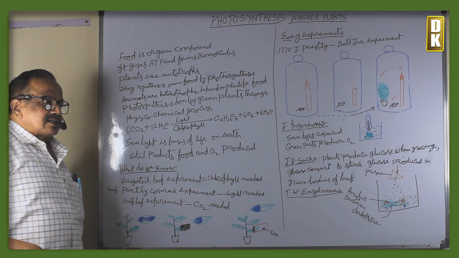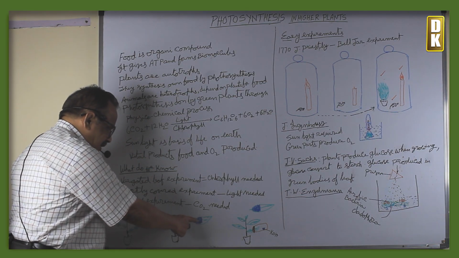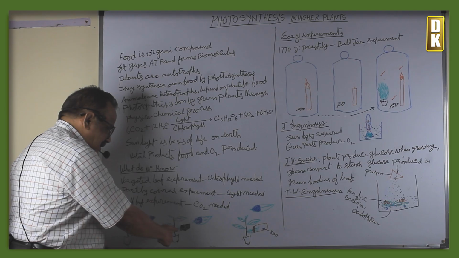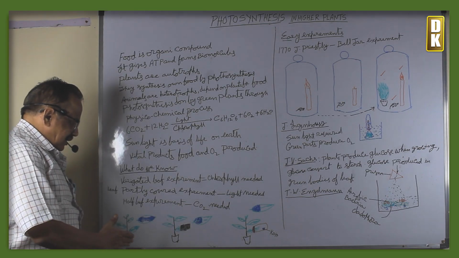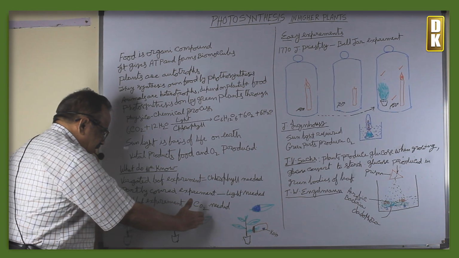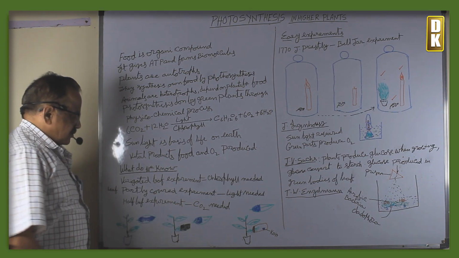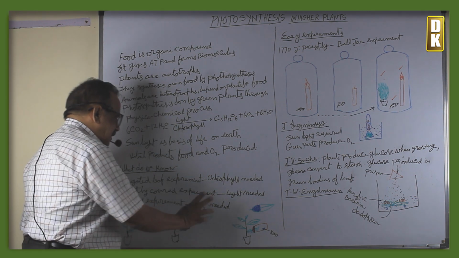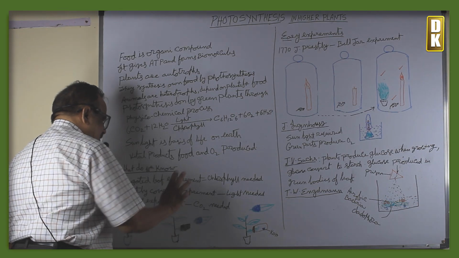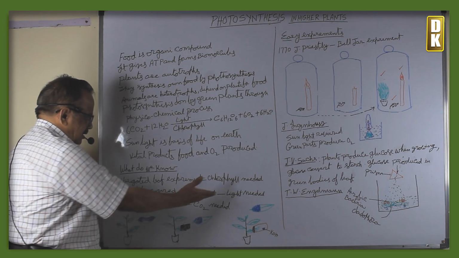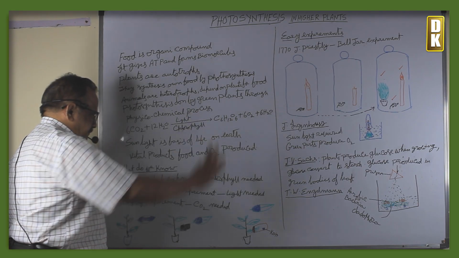Then you will get the positive result, blue color. The part of the leaf which is not covered will turn blue, because it is green, the entire leaf, but the part covered by the black paper does not turn blue. What is it losing? Light, it is not getting. Since it is not getting light, it is not preparing the starch. This is the second, the leaf partly covered experiment.